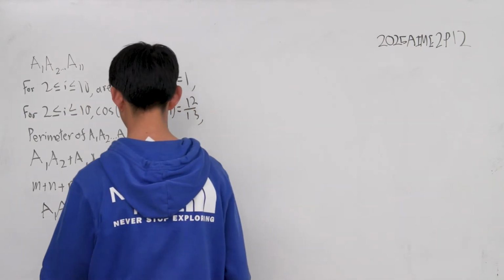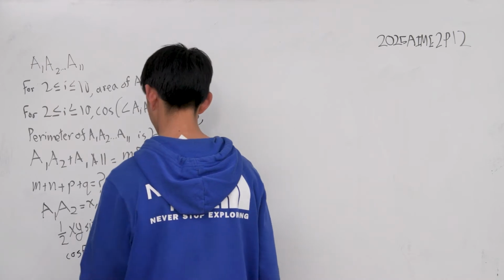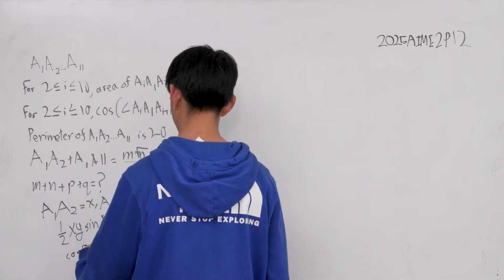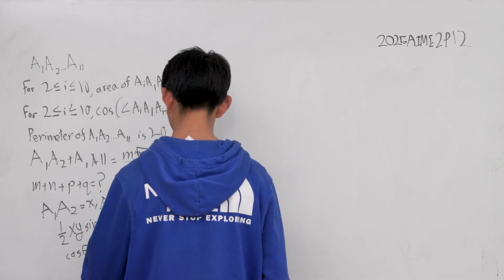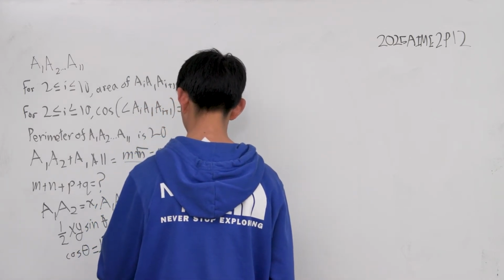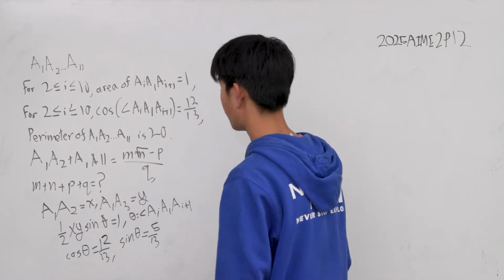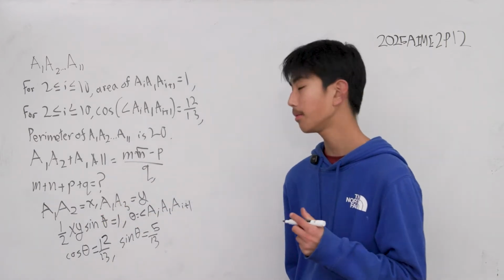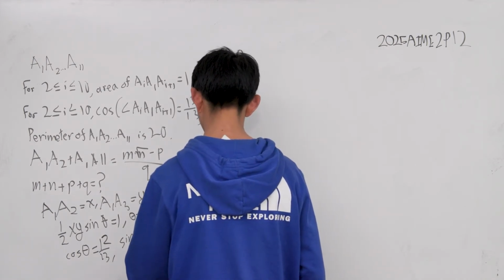Cosine theta is equal to 12 over 13, so sine theta is equal to 5 over 13. Plugging this in, we can isolate xy, which is equal to 26 over 5.